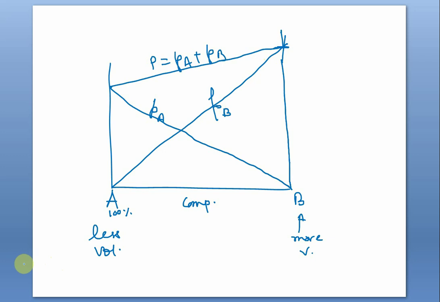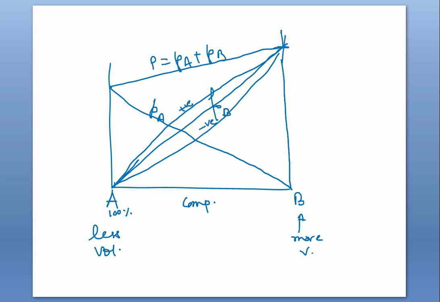But in reality, when we plot the graph on experimental observation, we do not find a complete linearity. There is a deviation, right, like this. The vapor pressure graph for B might be slightly above or slightly below. If it is slightly above, this is called positive deviation. If this comes slightly below, this is negative deviation.